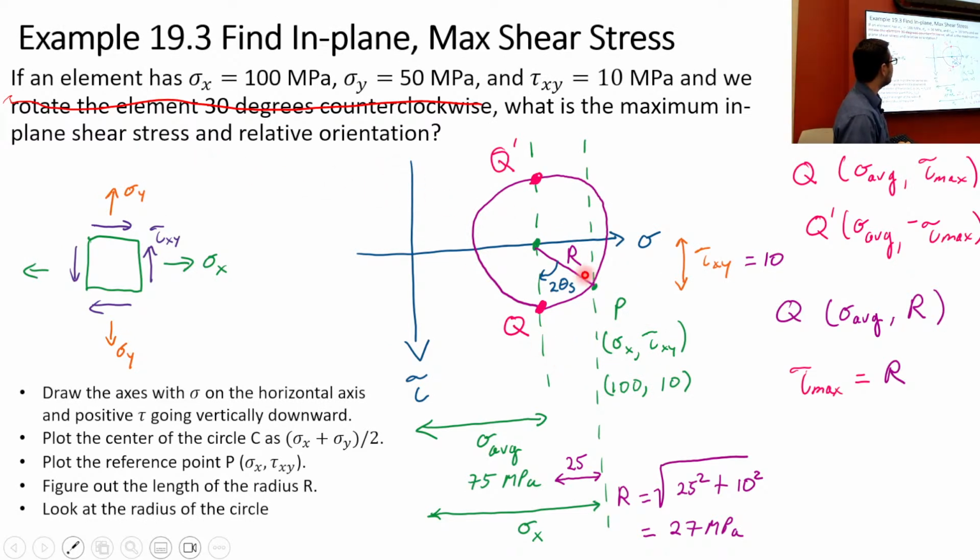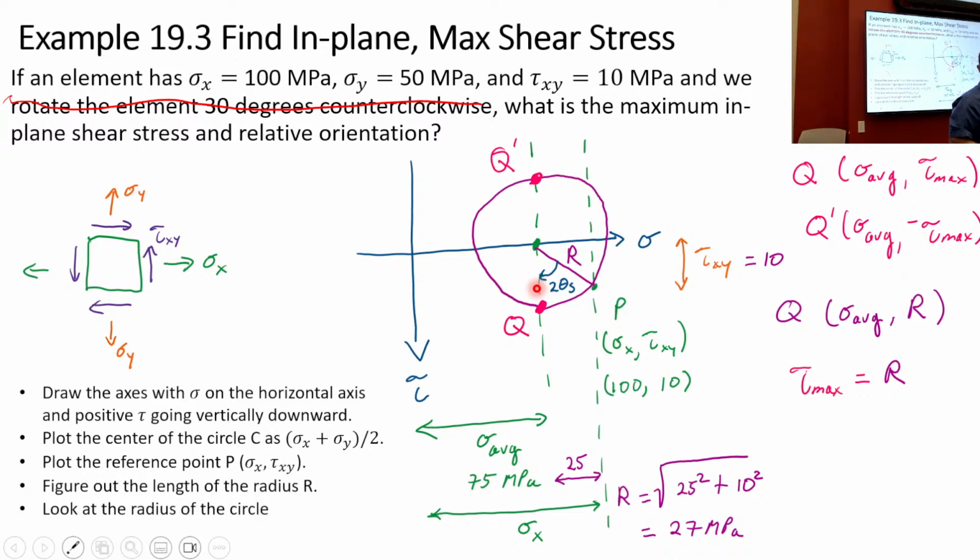This was 21.8 degrees, which means that this was 38.2 that we had to rotate there. So 38.2 degrees divided by 2 is 19.1. We'd have to rotate minus 19.1 degrees on the element to get to the state of maximum in-plane shear stress.